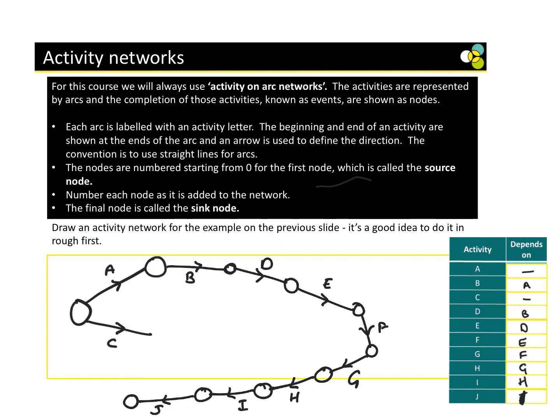Yeah? Okay? We can't have that. We can't just have it like that. We could join to J, but J is not dependent on C. Okay, C doesn't depend on anything. C just needs to happen. So what we can then do is insert this, which is basically called a dummy line. We're going to come more into that in a second, okay?